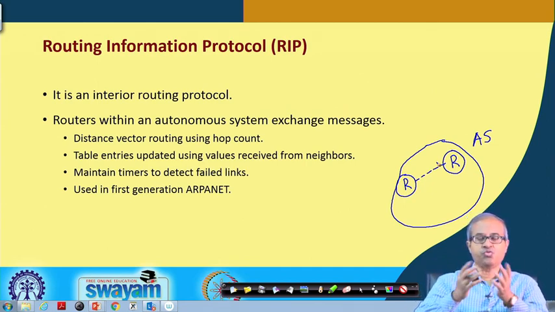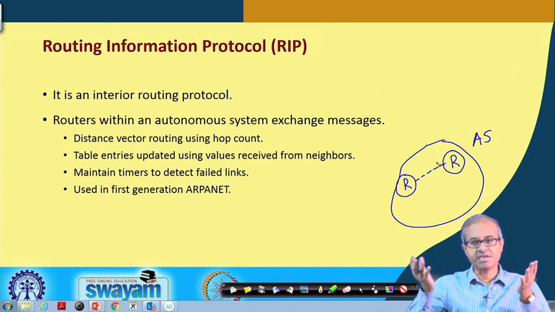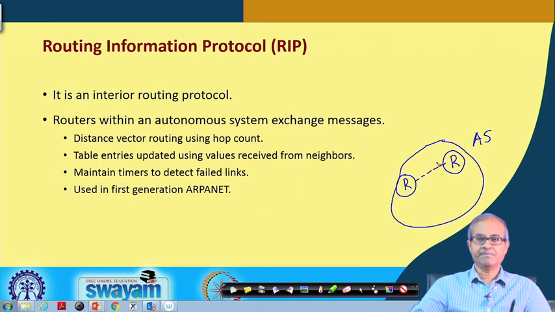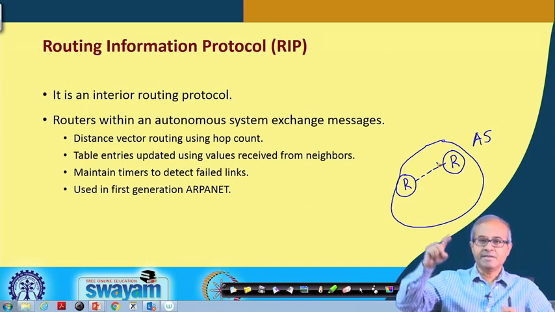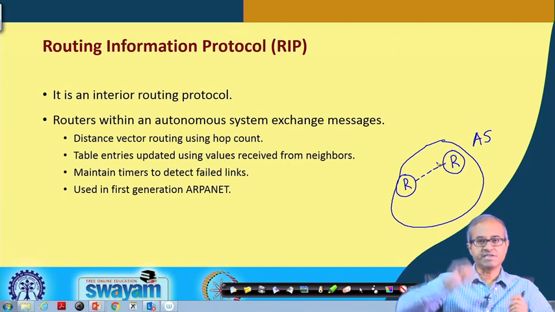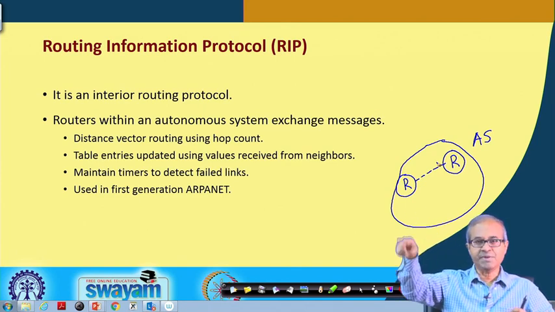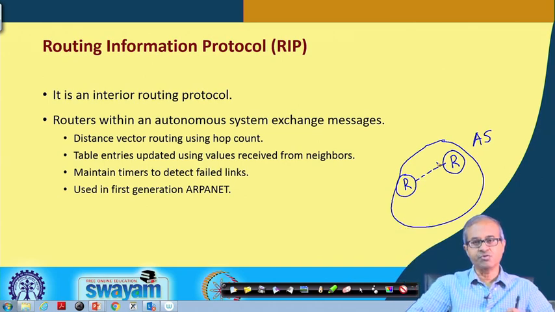Now, you may ask why this exchange is required, because they belong to the same organization. But you see, consider an organization with 2 departments, 2 different networks. There is one router sitting here, one router sitting there. The other router will know much better about the status of the other network, whether some link is down or everything is all right.